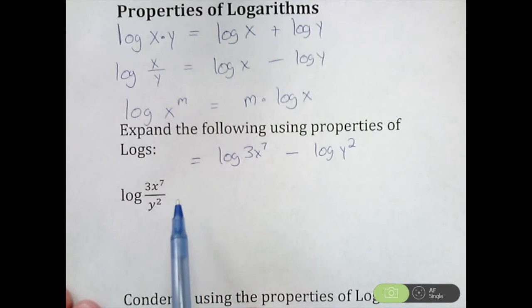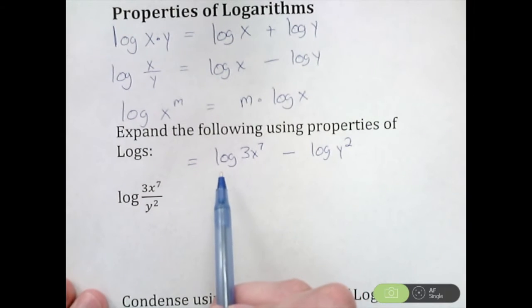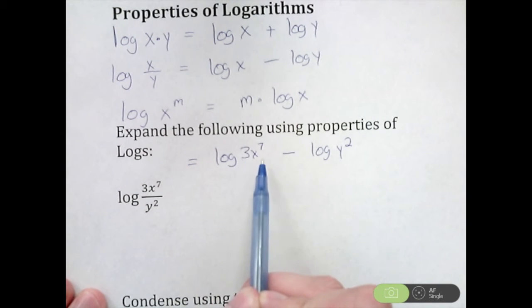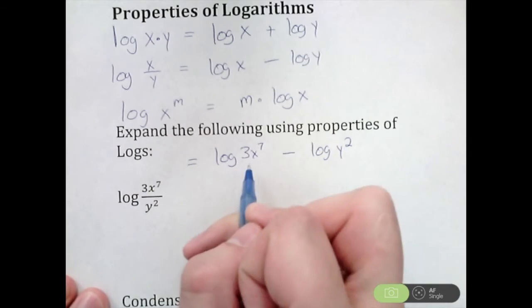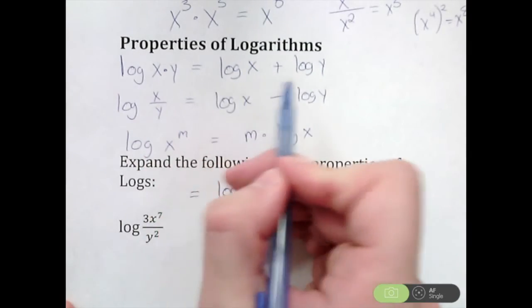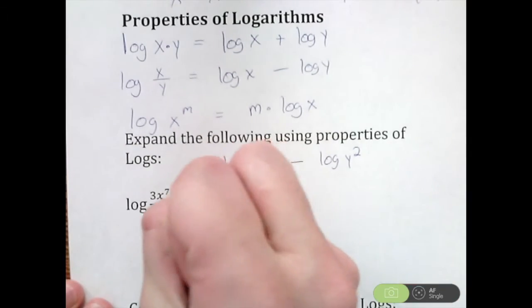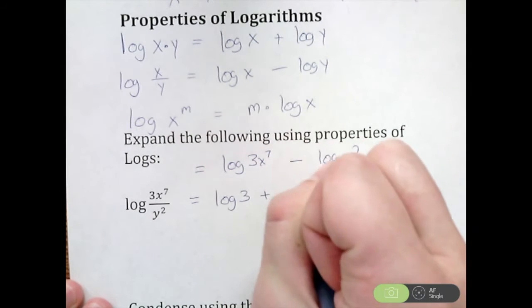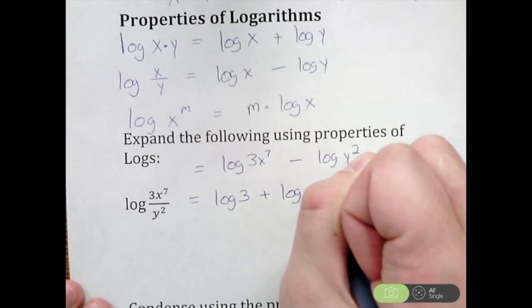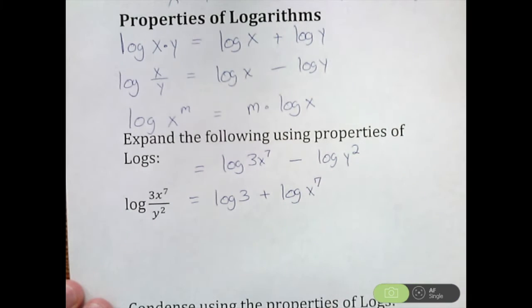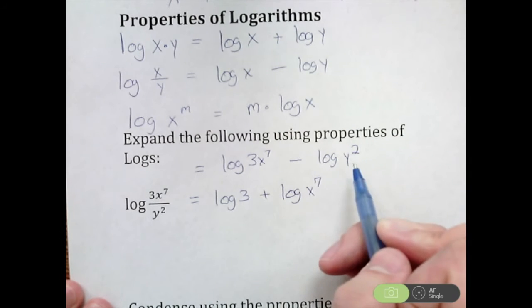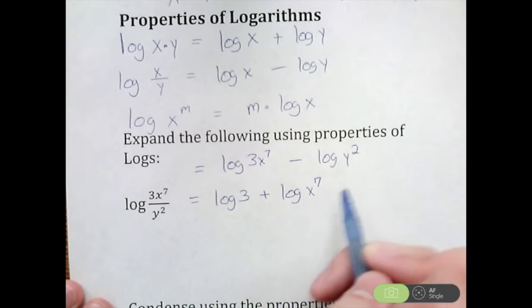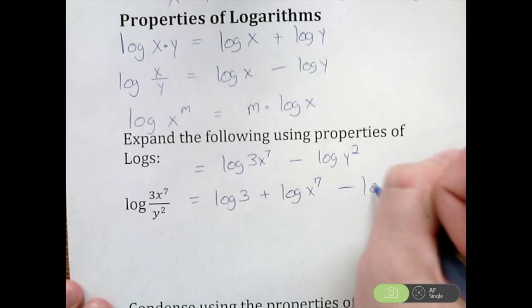After I take care of division, typically I look at whether there are any multiplication properties going on. Over here I have 3 times x to the 7th. When you have two things multiplied, we separate them by addition. So we're going to have log of 3 plus log of x to the 7th. Now this minus log of y squared, we didn't do anything with it in my next step, but it's still there.